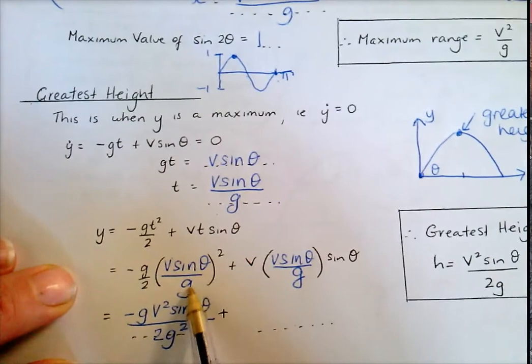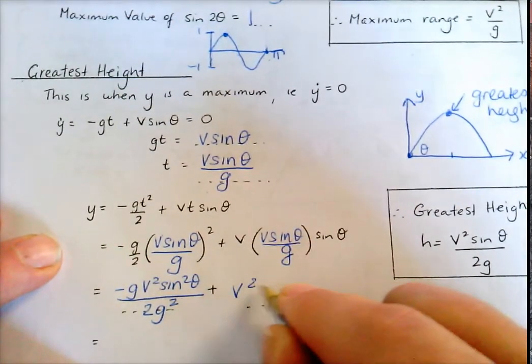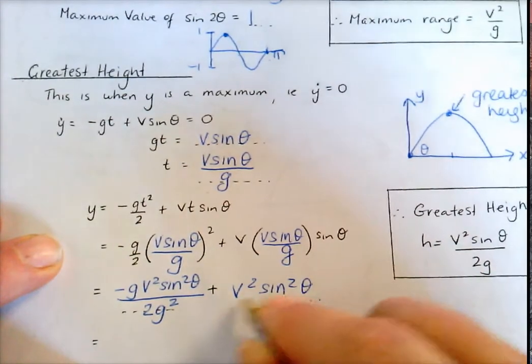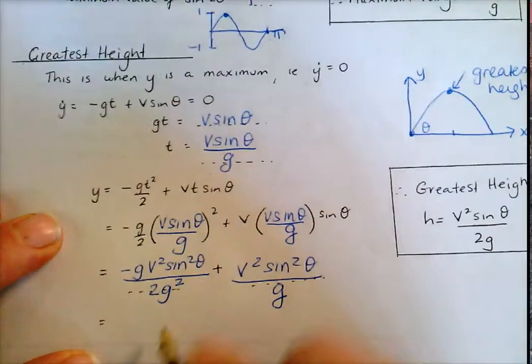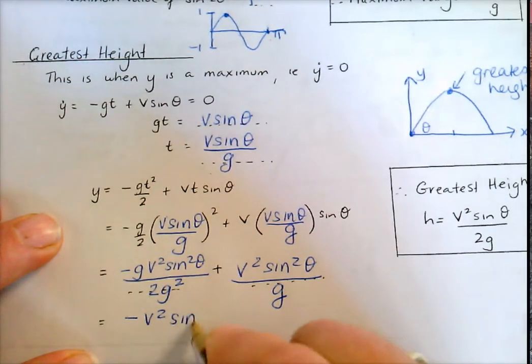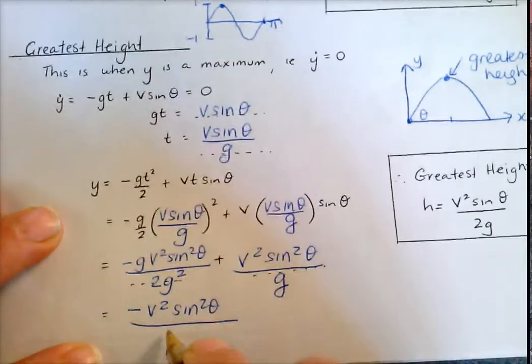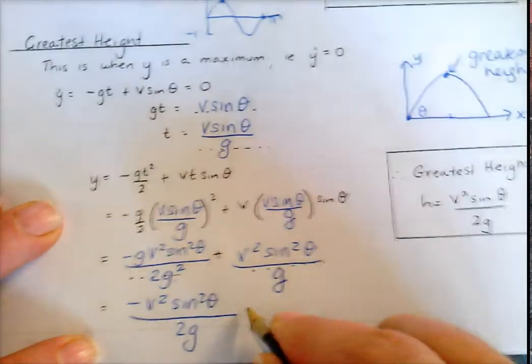Be careful that g is squared. Plus v squared sine squared theta over g. Yes, we can cross out some g's. So we've got negative v squared sine squared theta over, one of these g's cancels, 2g.